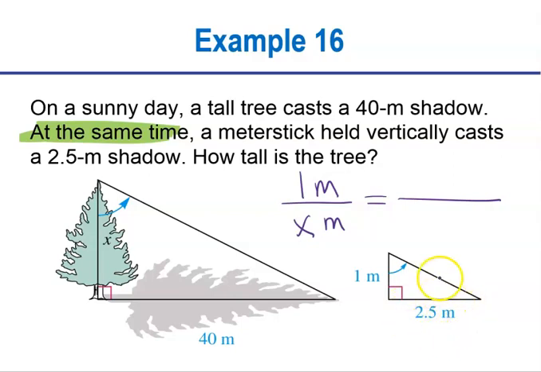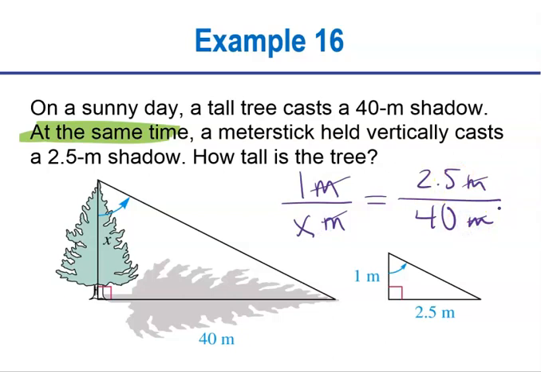How about 2.5 meters? Remember, we put the smaller triangle on top, so the larger triangle information is on the bottom. I have to be consistent. Smaller triangle on top, and then larger triangle, 40 meters, on the bottom. Notice all the units are the same, so let's not worry about meters right now. That means our answer is going to be in meters.